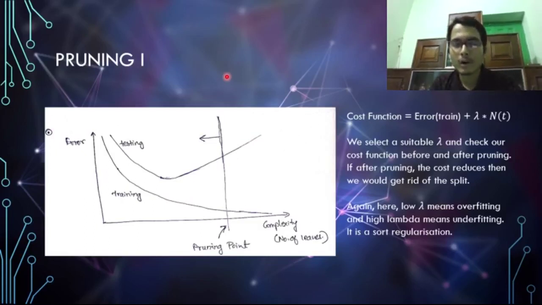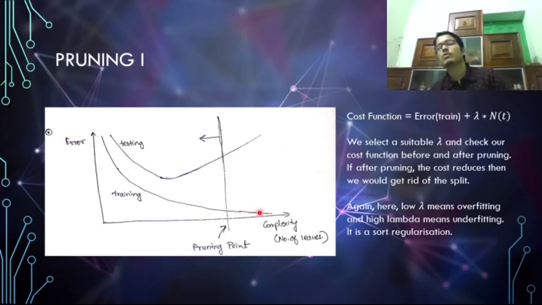let us plot the graph between error and complexity of our decision tree. The more complex our decision tree, the more leaf nodes we have, and the training error decreases, so we get more training accuracy and less training error.